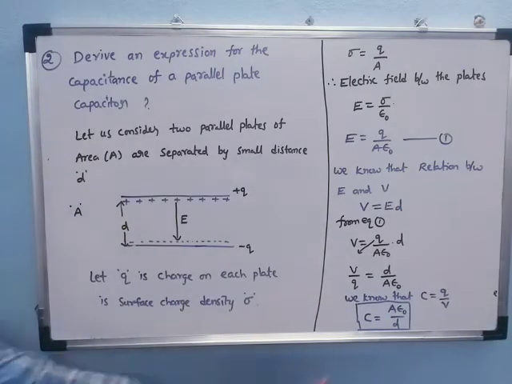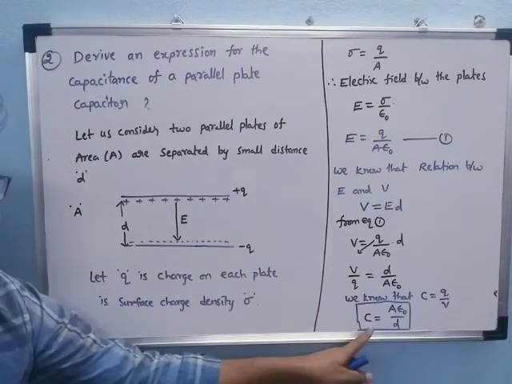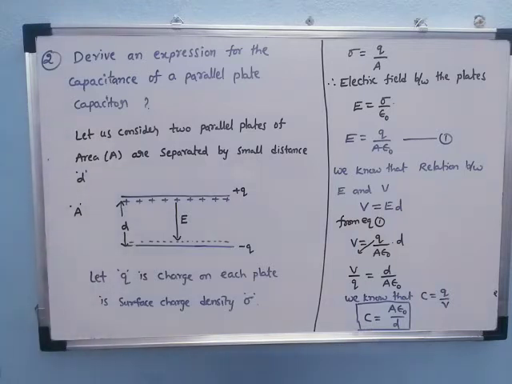This is the formula for the capacitance of a parallel plate capacitor: C equals A epsilon naught by d.